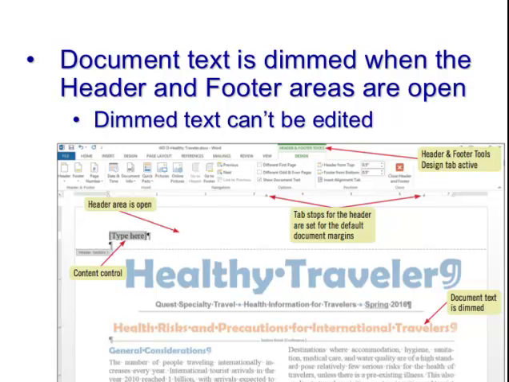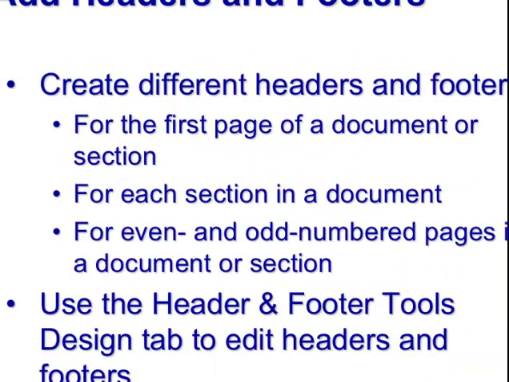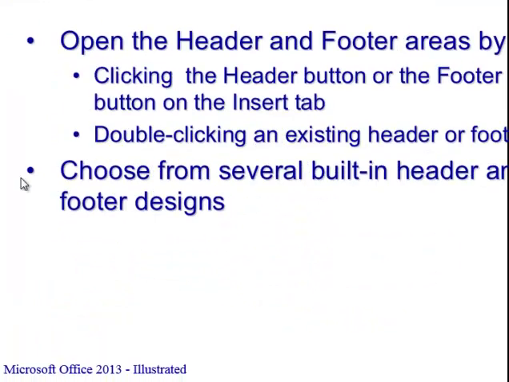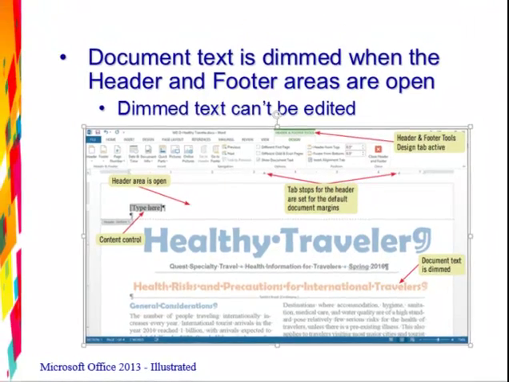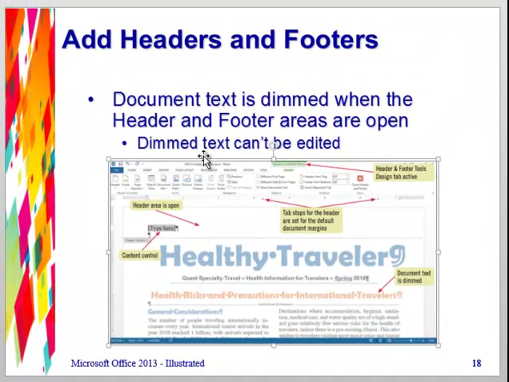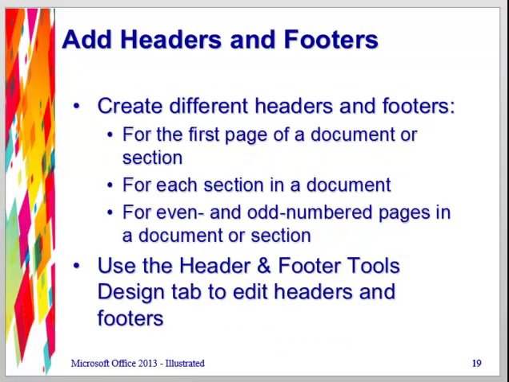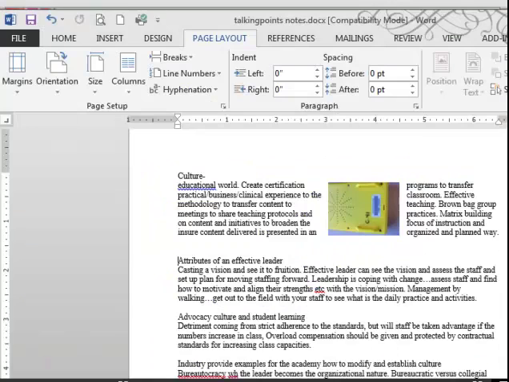The document text is dimmed while you're working in the headers and footers to show you that you're looking at a different section of the document. So we're going to shrink this back down just a titch now and get back to the area we need. We're going to look at the header and footer in a document.